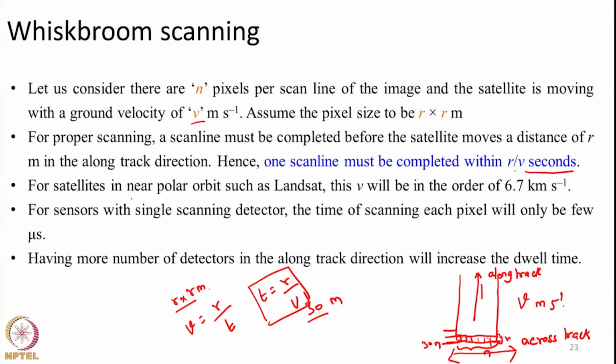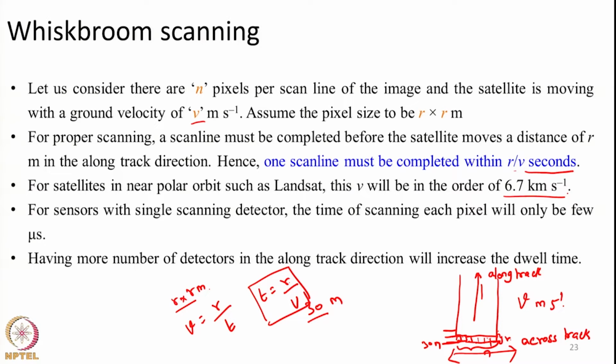For satellites in near polar orbit such as Landsat, the velocity will be around 6.5 to 7 kilometers per second. That is, every second the satellite will be moving with a velocity of close to 6.7 kilometers per second, which is pretty high.